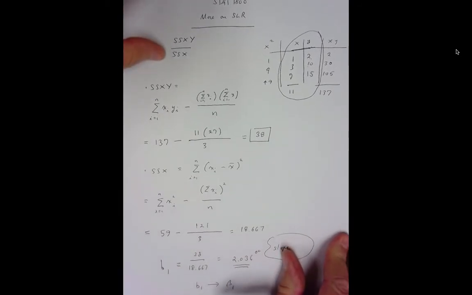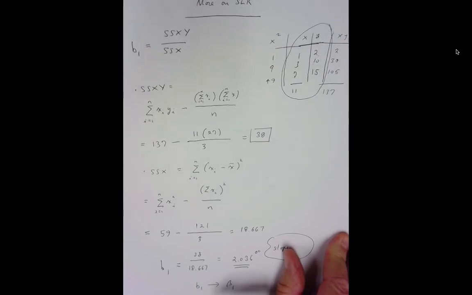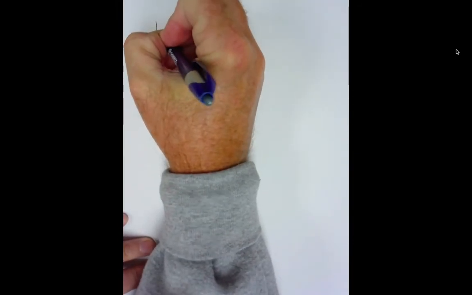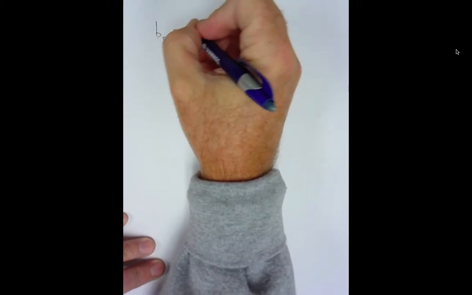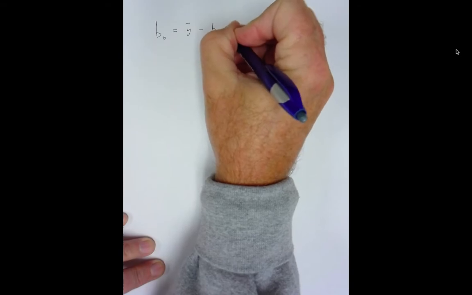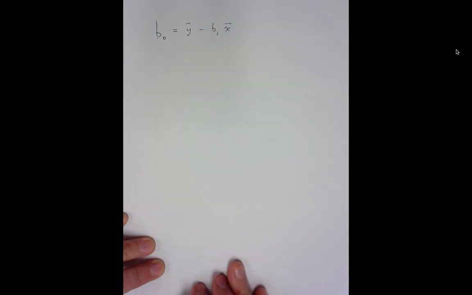Now, it turns out that the intercept is a lot easier to find. Our intercept, B0, is just the mean for y minus the slope times the mean for x.